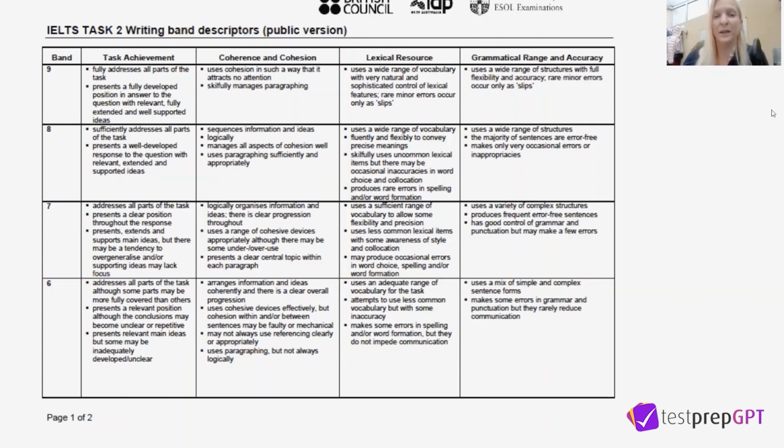Try to remain coherent and cohesive by using your linkers. Linkers are like firstly, secondly, moreover, in conclusion.